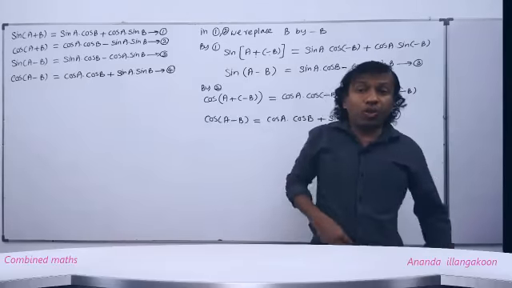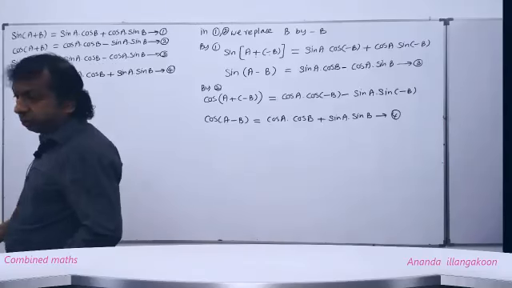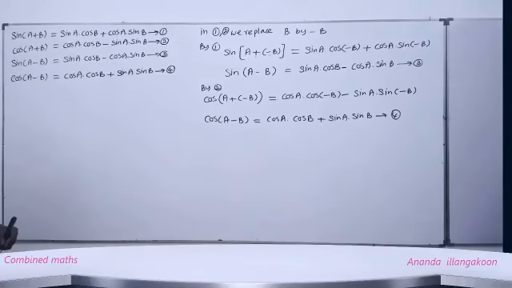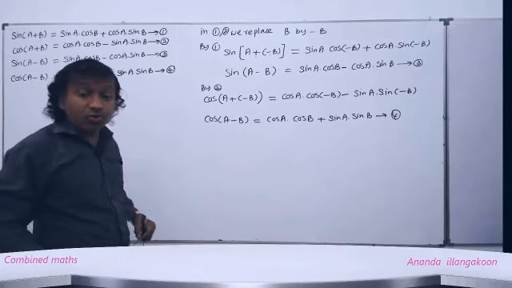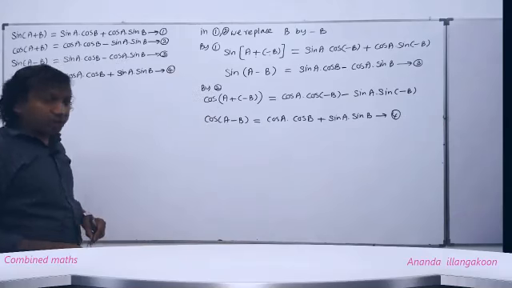Now there are 2 more formulae available in the A, B formula set. Now this is what we do next to get the next 2 formulae under this A, B formula. Up to here, I think you can understand very clearly.